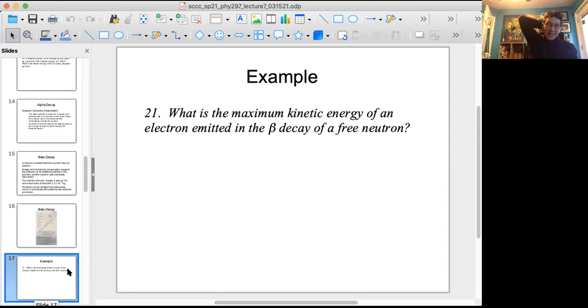So what's the maximum kinetic energy of an electron emitted in the beta decay of a free neutron? That's assuming nothing goes to the neutrino. Again, you have a neutron going into a proton and an electron.